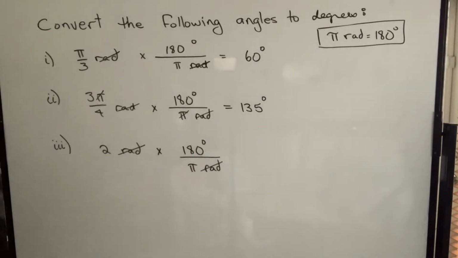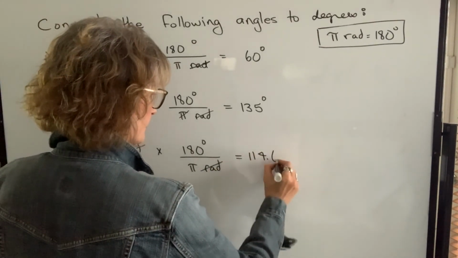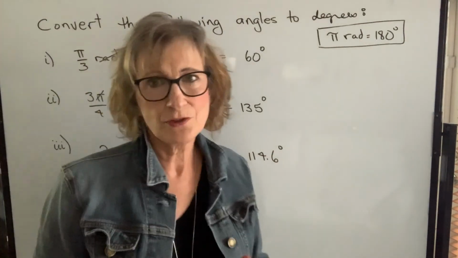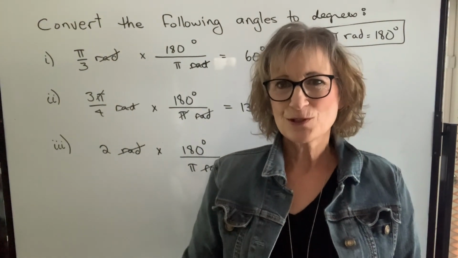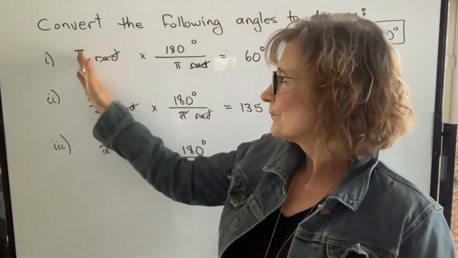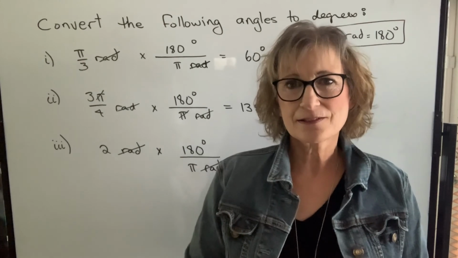So in this case, we'll need to use our calculator, and we should get 114.6 degrees. So that's how I would convert from one unit to the other. I would avoid using that 57.3 just because it's an approximate value, and then you're not going to have your exact values for some of your angles in radians.